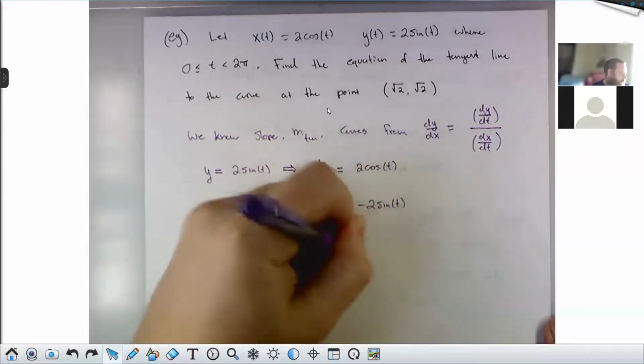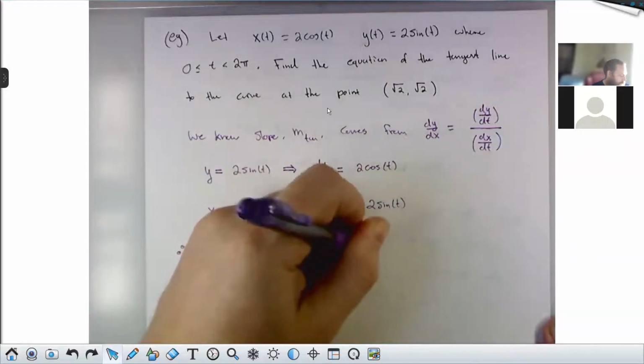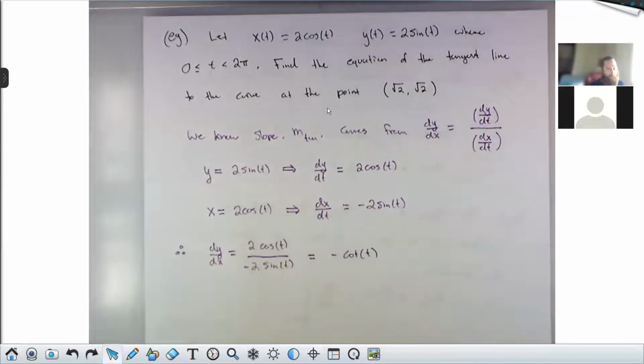So this is the negative of cotangent of t. And you see what I'm saying, where dy dx now, this doesn't have any x's in it, it just has t's. So if I want to find my slope, m tan, I need to plug some t value in here into dy dx. The question is, what t value do I plug in?